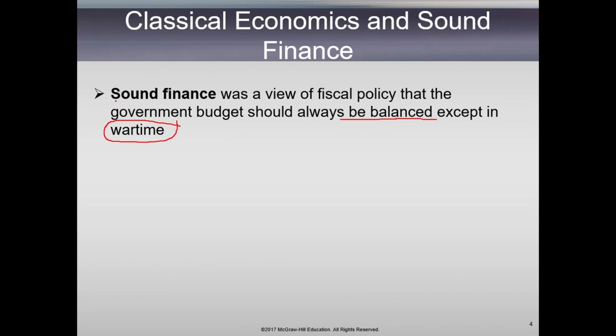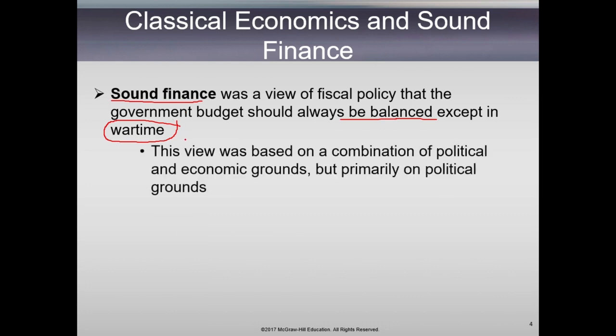But other than that, the sound finance point of view, which most economists held before the Great Depression, was that just like households, governments should be responsible. Governments should be responsible by balancing their budget. And there's another reason really other than just economic grounds, as we'll see when we talk about Ricardian equivalence.